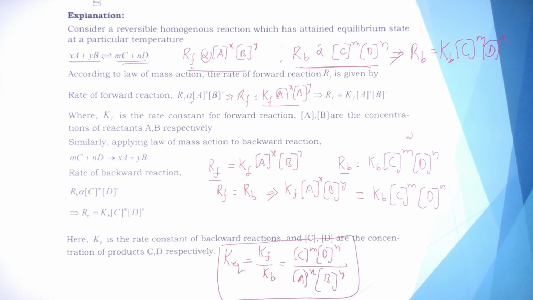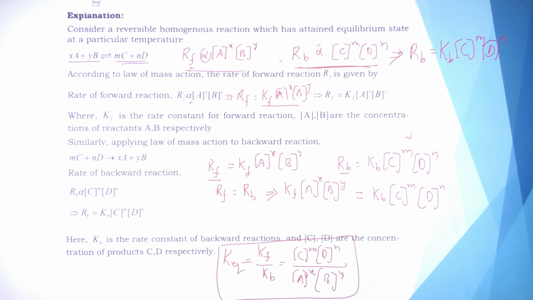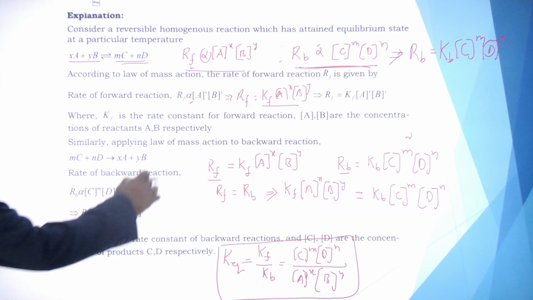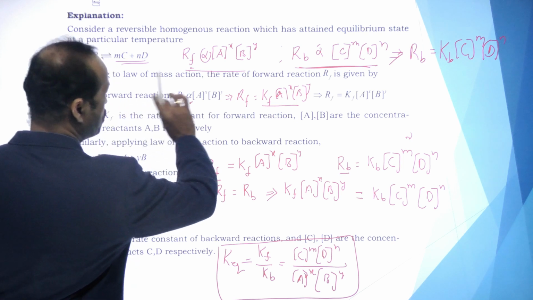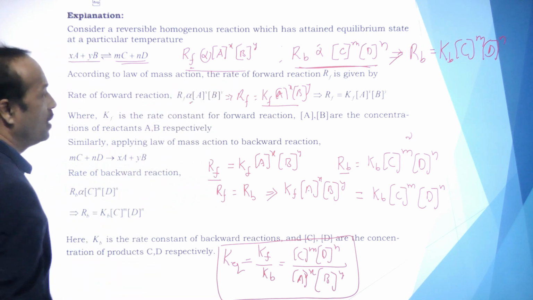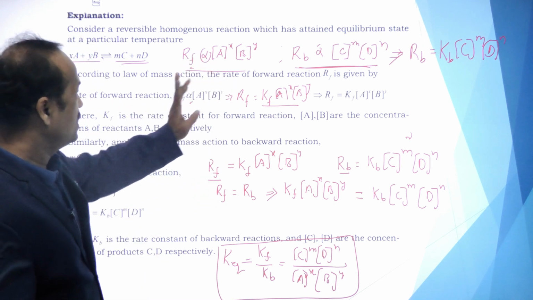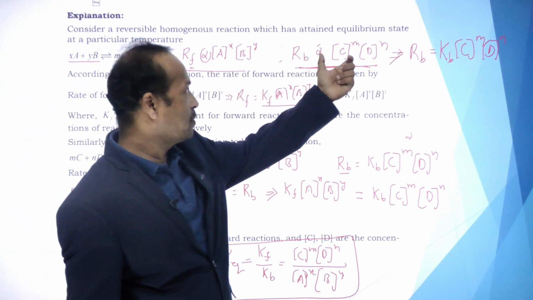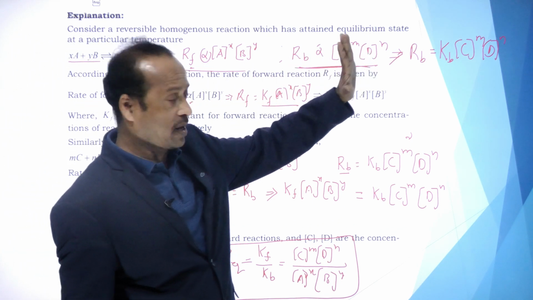Okay. Two reactants are there, A and B. So x moles of A react with y moles of B to form the products, m moles of C and n moles of D. According to the law of mass action, the rate of forward reaction is directly proportional to the product of the concentrations of reactants, and the backward reaction is also directly proportional to the concentration of the products.